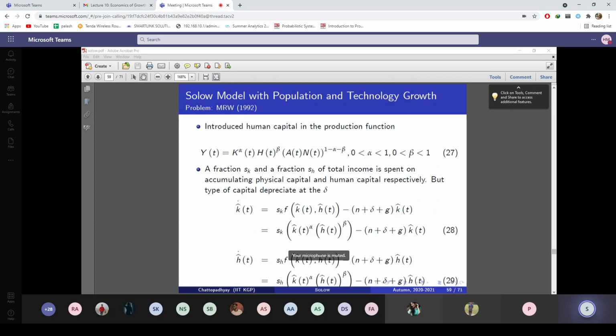But if it is both labor augmenting and capital augmenting, you have to determine what the growth rate is, and accordingly you have to define your hat variable in the fundamental equation so that you can set its time derivative, or rate of growth, to 0 at the steady state. Okay, that's the trick. Fine.